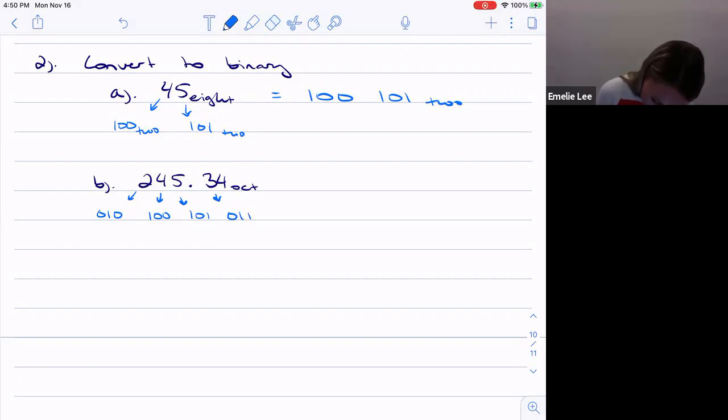Maybe I should keep it down here. 4 is 1, 0, 0. So putting it all together, I get a really long binary number, but that's okay: 0, 1, 0, 1, 0, 0, 1, 0, 1, 0, 1, 1, 1, 0, 0, base 2.